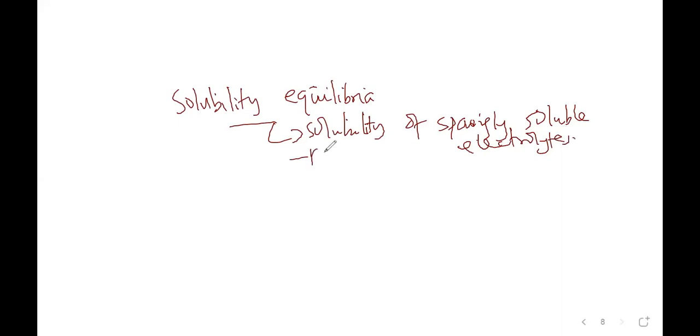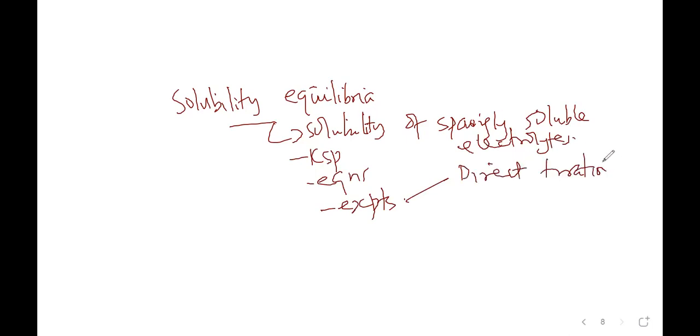We have seen a Ksp expression, we have seen equations, we have seen experiments to determine Ksp using both direct titration and also conductivity measurements. What do I want to look at now?